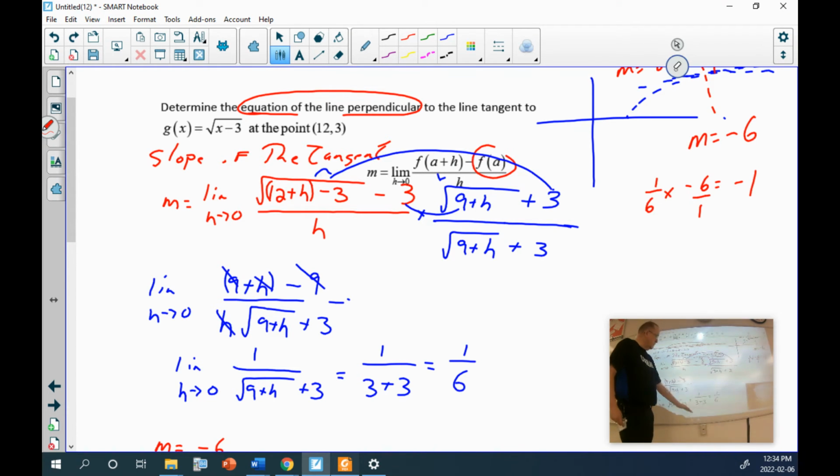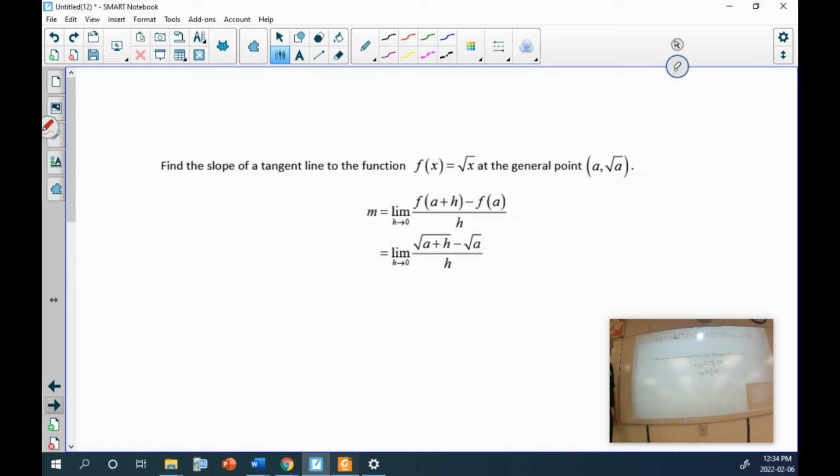This is the most important part. How do we do this? How do we use this definition to solve our question? Okay. Now, this is the one that I kind of did on the second question. This is the slope of the tangent function. So we're finding at any point a, square root a.